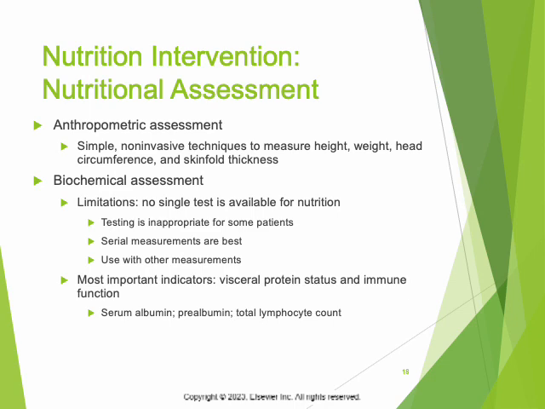So within the anthropometric assessment, which is pretty simple and also non-invasive, we're just getting numbers. We're getting height and weight, head circumference, we're getting skin fold thickness, and the effectiveness of a single anthropometric measurement is very limited, and this is why we need more information.